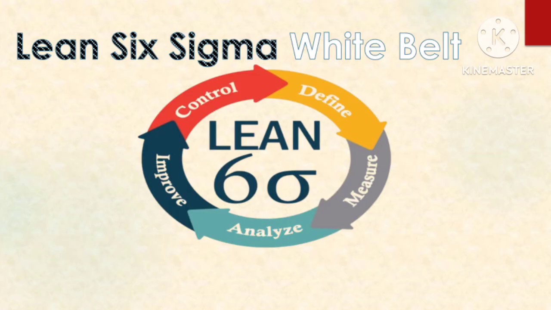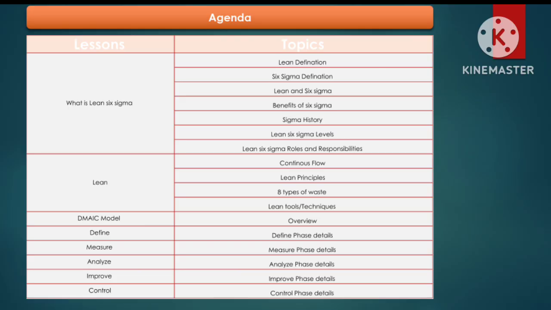Today I'm going to cover the white belt program in Lean Six Sigma. So let's get started. We will have the following agenda in the white belt program. We will know the lean definition, Six Sigma definition, Lean and Six Sigma, benefits of Six Sigma.